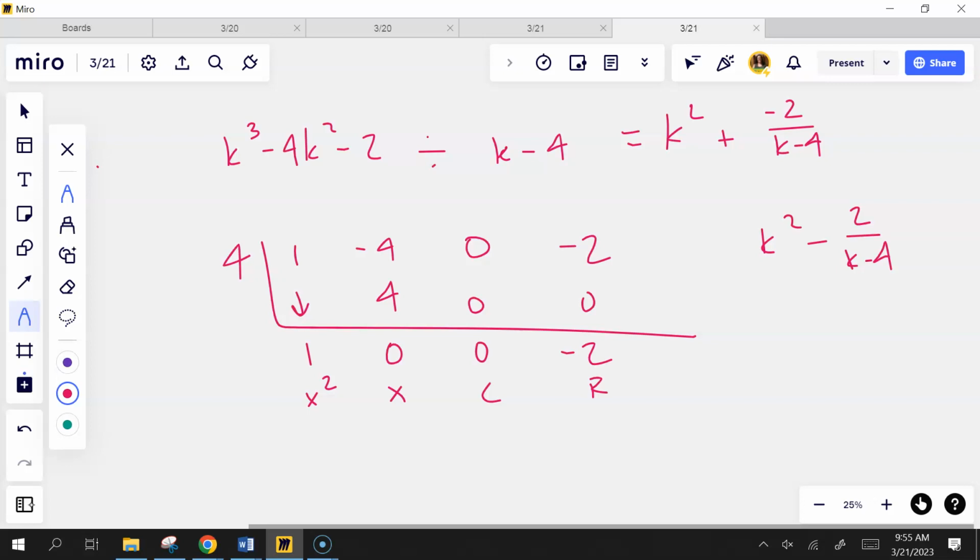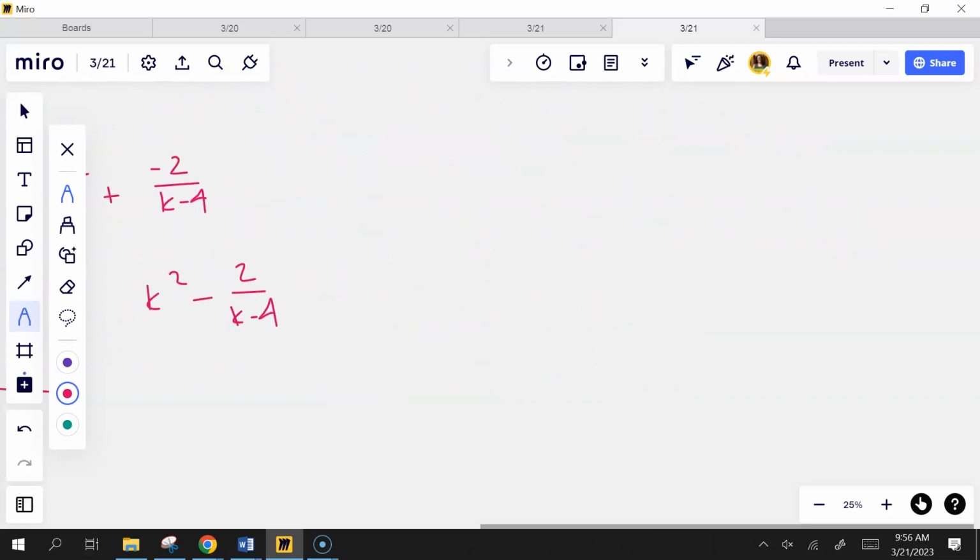Constant. Remainder, constant, x squared. If it kept going, it would be x to the third and so on. Charlie, just for you.